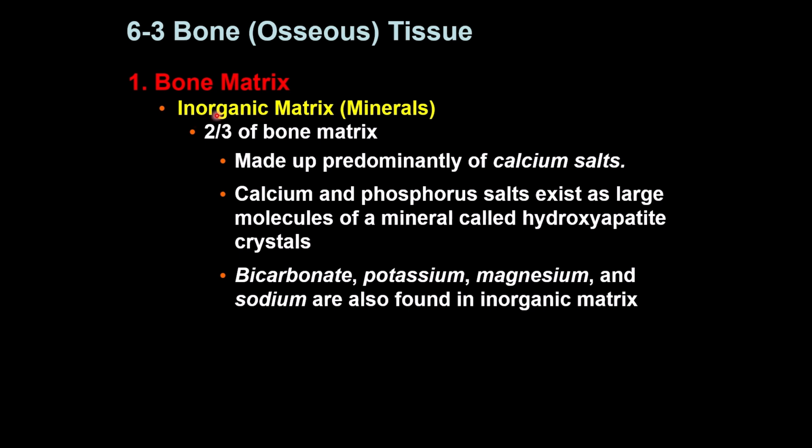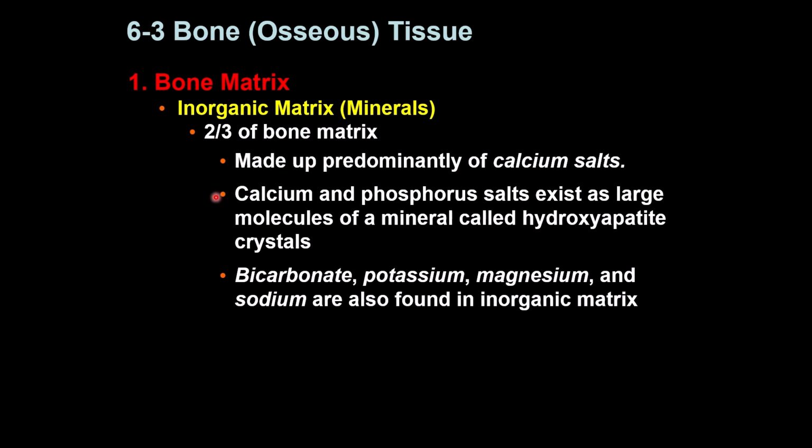So what does it mean? Inorganic means minerals. Different calcium salts make up about 2/3 of the bone matrix, and the calcium salts are responsible for bones being very strong.